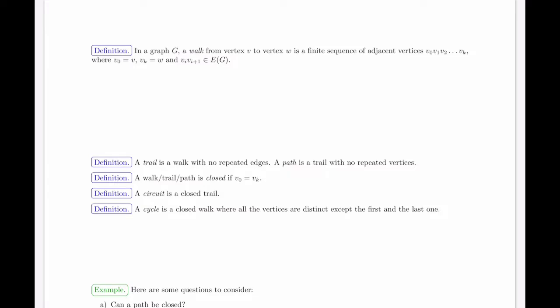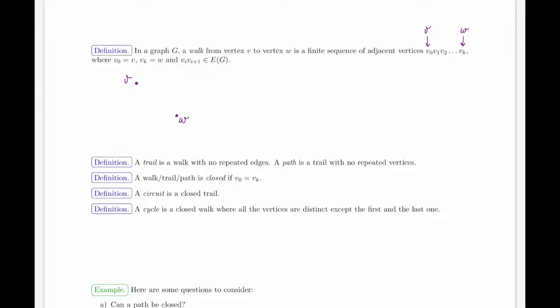In a graph G, a walk from vertex V to vertex W, so let's say here I have vertex V and here I have vertex W, is a finite sequence of adjacent vertices, so the ones that are connected to each other, V0, V1, V2, all the way up to Vk, where V0 is equal to V, so I start with V, and Vk is equal to W, so I end with W, and everything in the middle is connected to the next one in the sequence, okay?